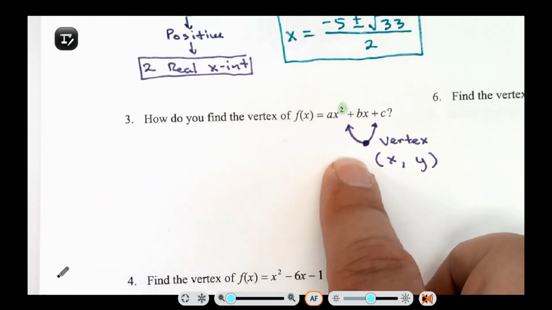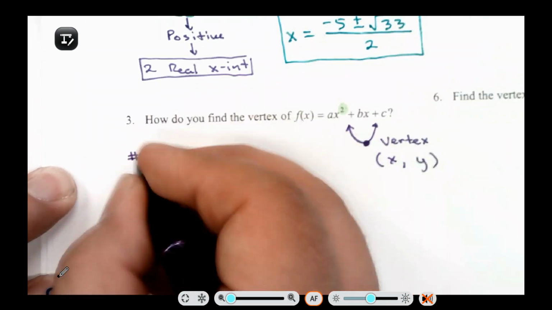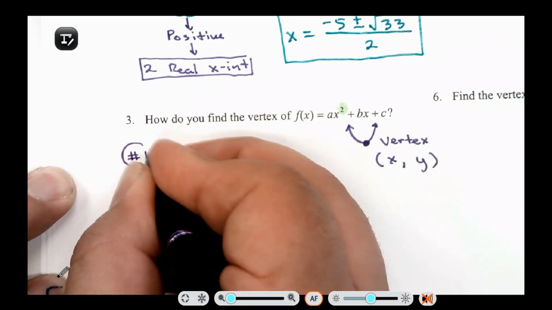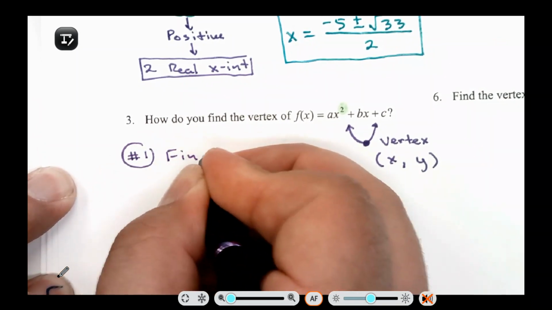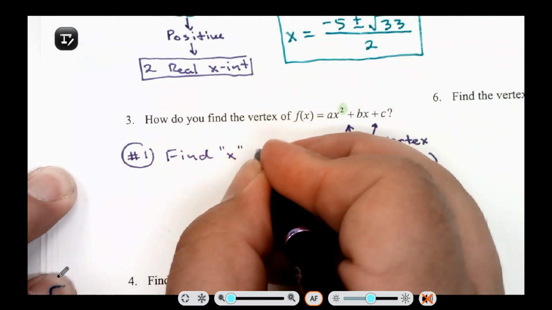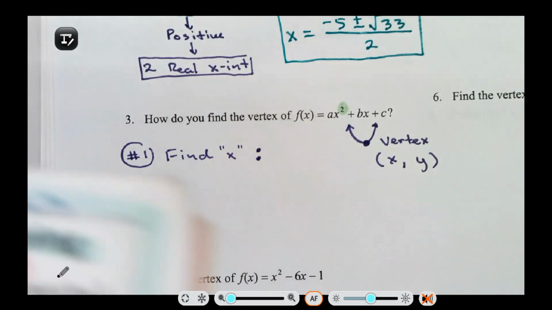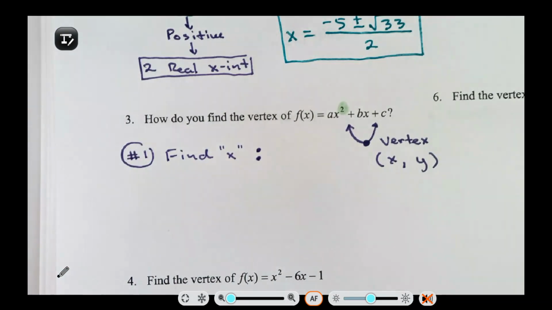Well, remember, there is a way of doing this. And number 1, the first thing we do is we're going to find the x of my vertex. And we do have a formula for it. The formula that we talked about in class, and yes, it's in the word wall. In fact, let me show you where you can find it in the word wall here. In unit 2, let's see, where are you?